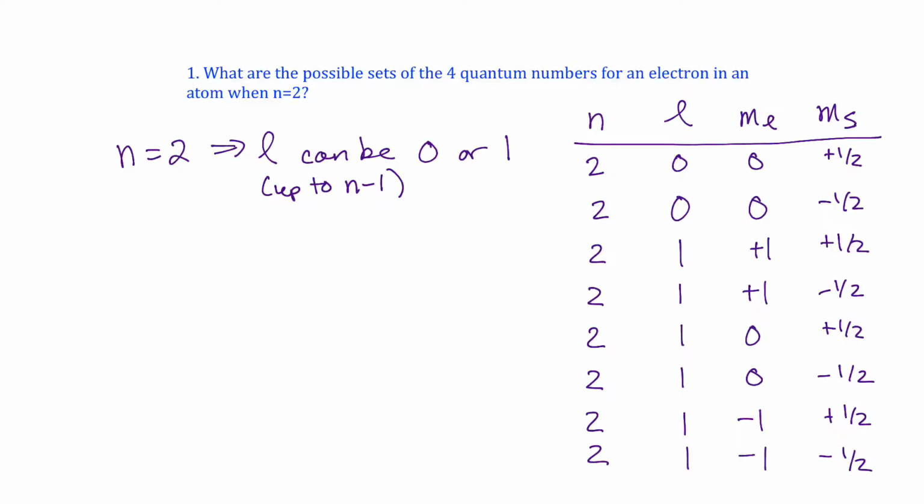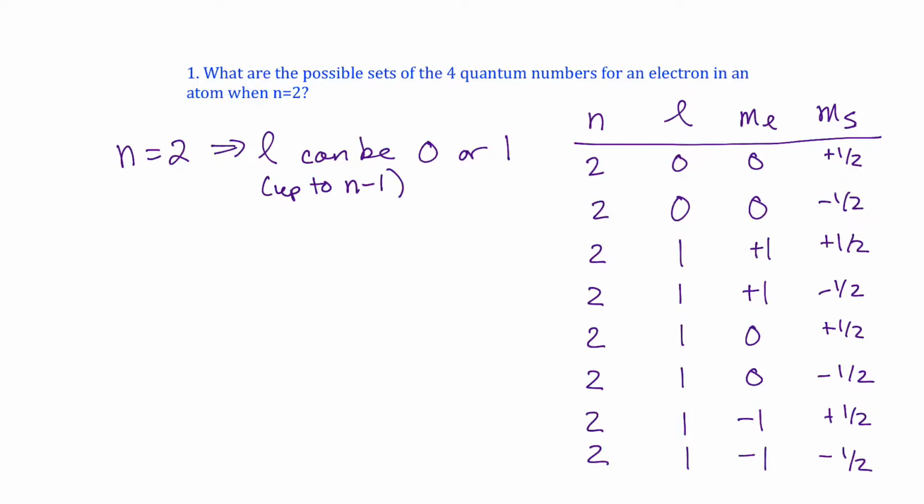Then we need to think about the possible m sub l's associated with each of those values for l. Remember, for l equals 0, the only possible value for m sub l is 0. If you go back to the train tracks, remind yourself of that.